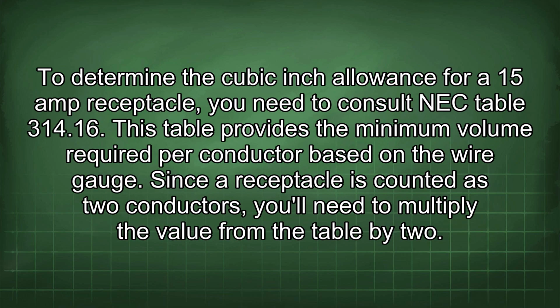To determine the cubic inch allowance for a 15-amp receptacle, you need to consult NEC Table 314.16. This table provides the minimum volume required per conductor based on the wire gauge. Since a receptacle is counted as two conductors, we'll need to multiply the value from the table by 2.